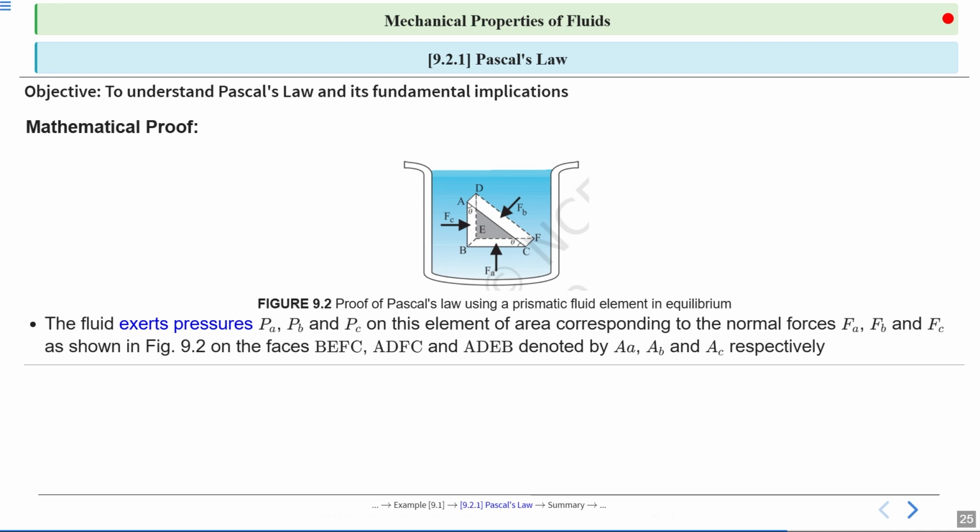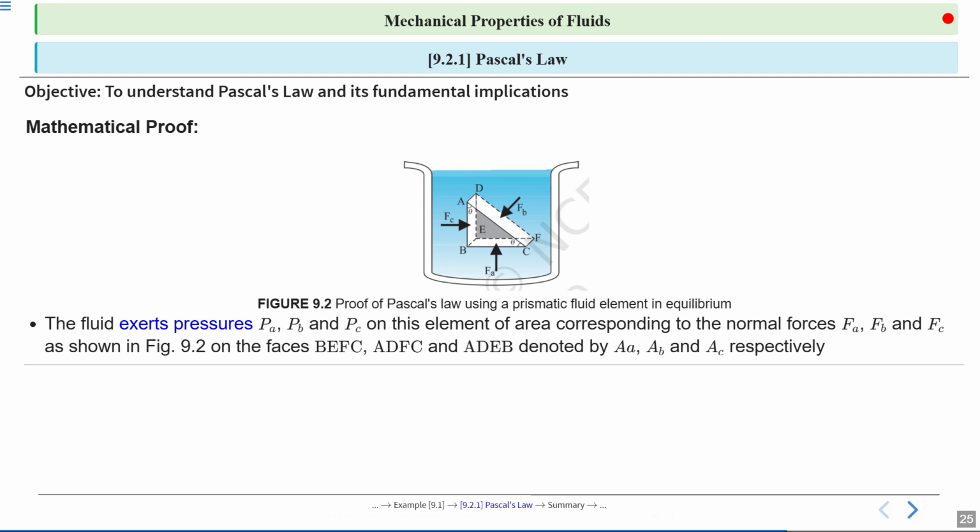Now, let's delve into the details of pressure exerted by the fluid. The pressures PA, PB, and PC correspond to the normal forces FA, FB, and FC on the respective faces BEFC, ADFC, and ADEB, denoted by AA, AB, and AC.